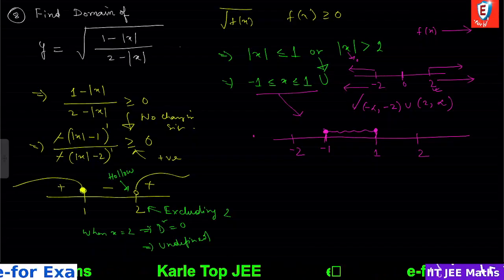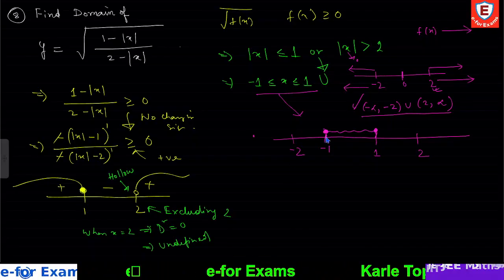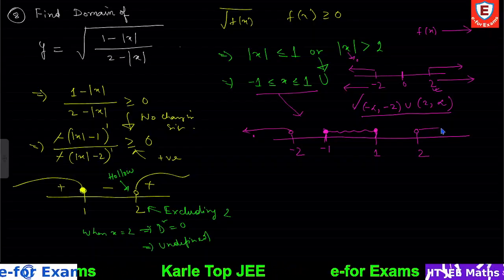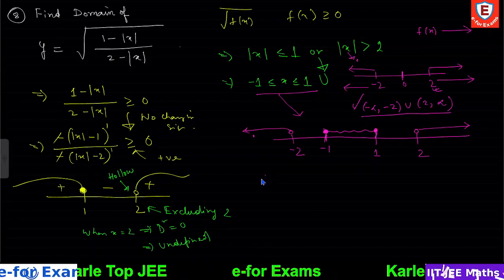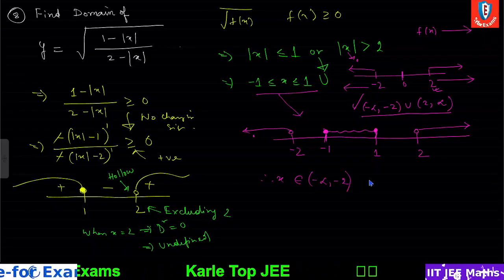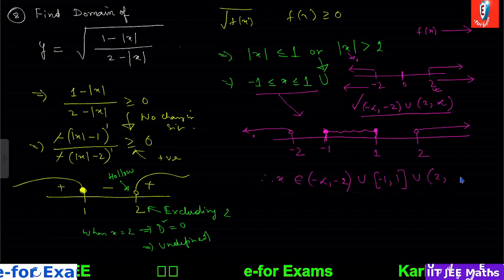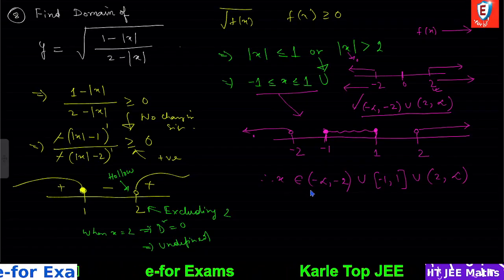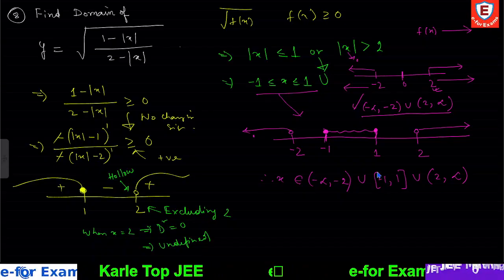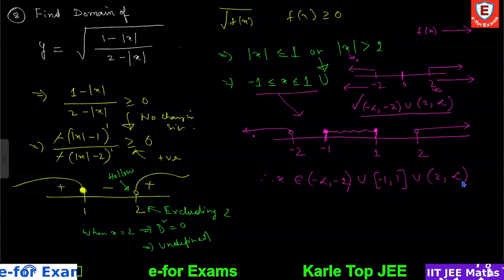This is the answer. And from the second one, from here minus 2 to this and 2 to this, right? Therefore x belongs to (minus infinity, minus 2) open, union [minus 1, 1] closed, union (2, infinity) open. This is the answer.